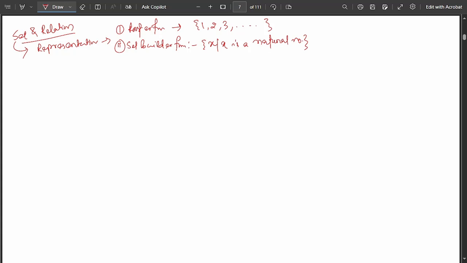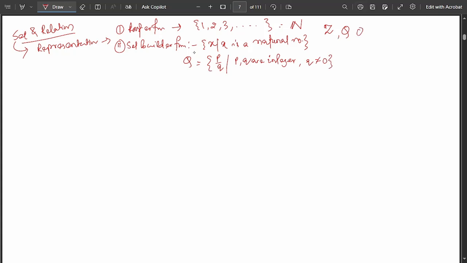Generally we symbolize sets as capital alphabets. The set of natural numbers can be represented as capital N. Similarly, integers can be represented as Z. Rational numbers are represented as Q. If I write Q in set builder form, I write p by q, where every element of the rational numbers is in the form p by q, where p and q are integers and q not equal to 0.